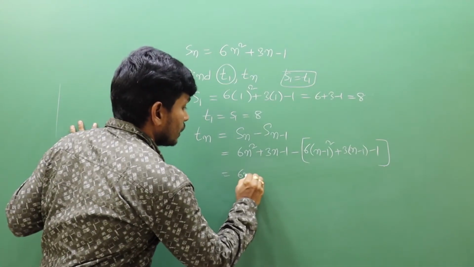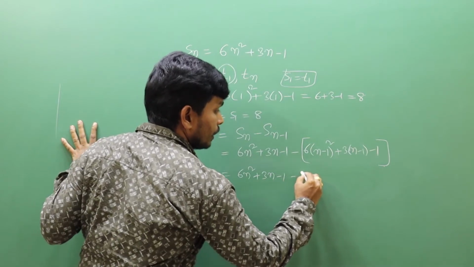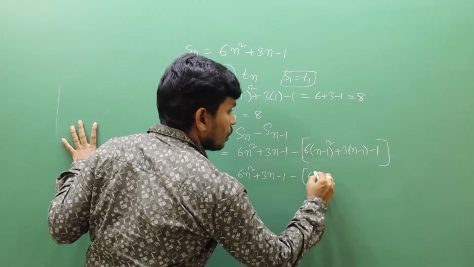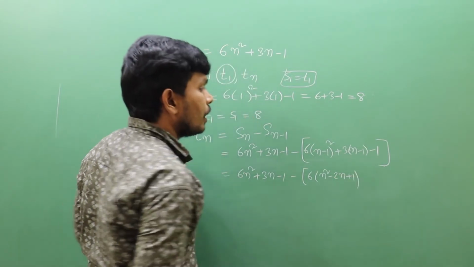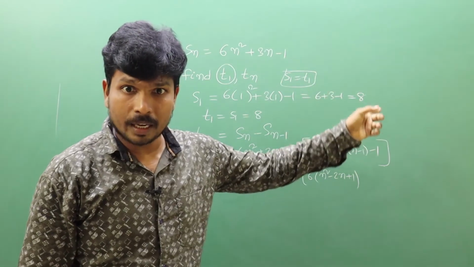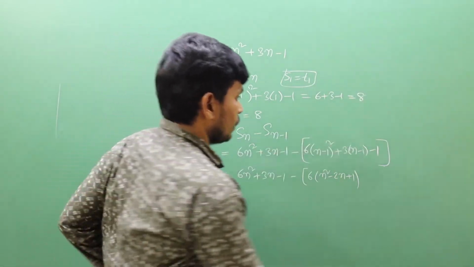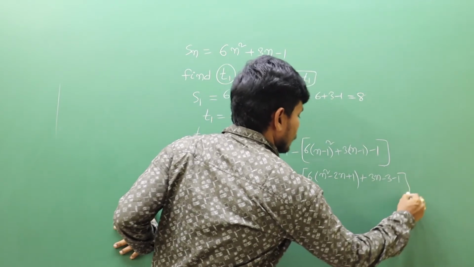So now 6n square plus 3n minus 1 minus 6 of (n square minus 2n plus 1), because here the (a minus b) whole square formula is a square minus 2ab plus b square, plus 3n minus 3 minus 1.